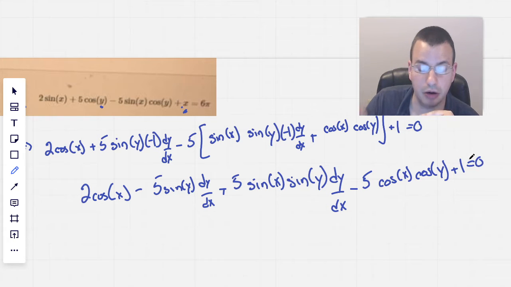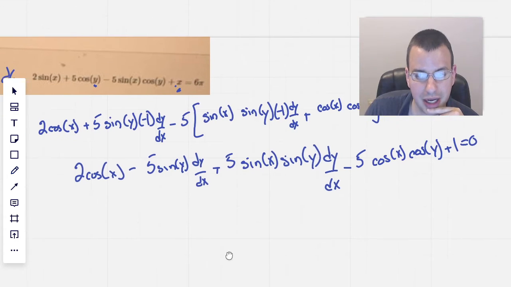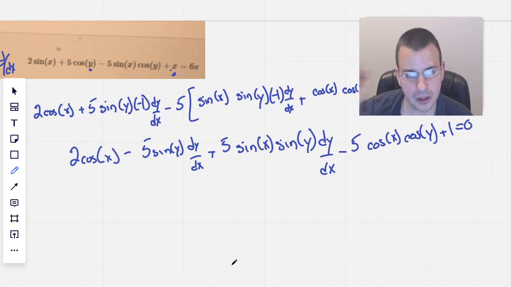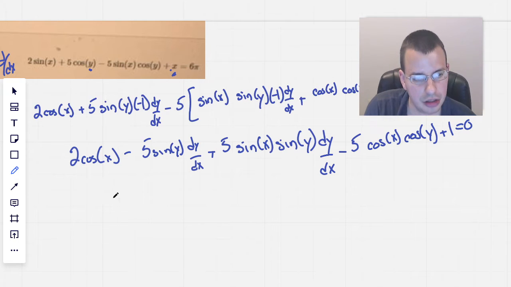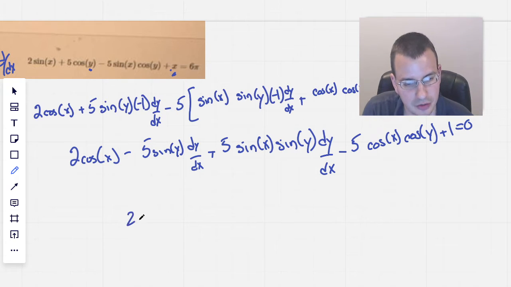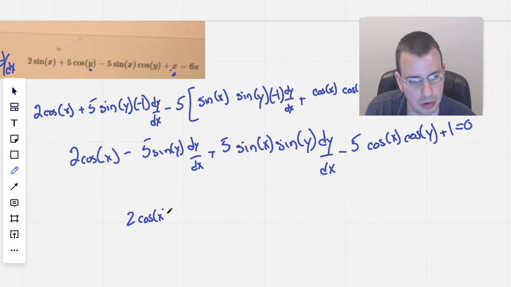plus 1, still equals 0. Okay, so now I'm going to put all the dy dx's on one side and all the non-dy dx's on the other side. I'm going to leave the 2 cosine of x over there, because it looks comfortable.